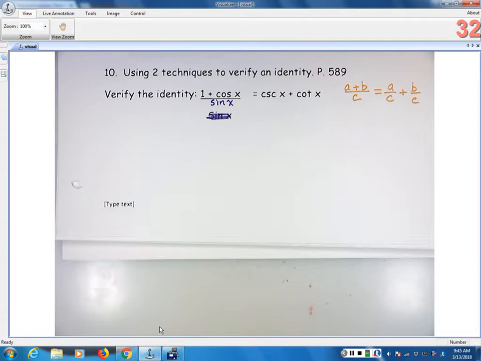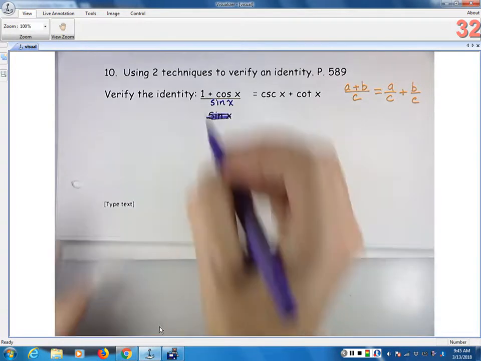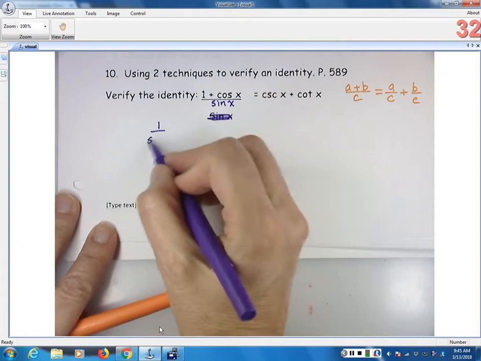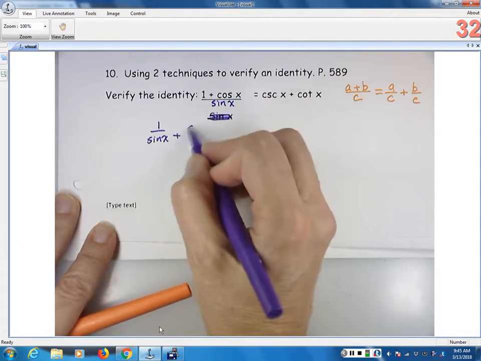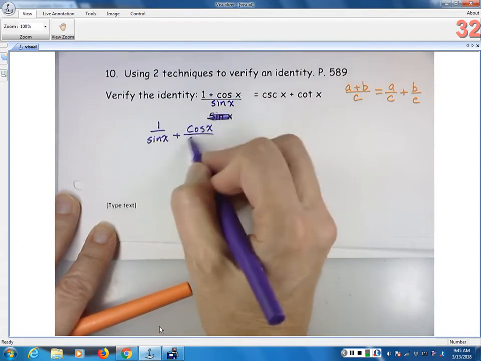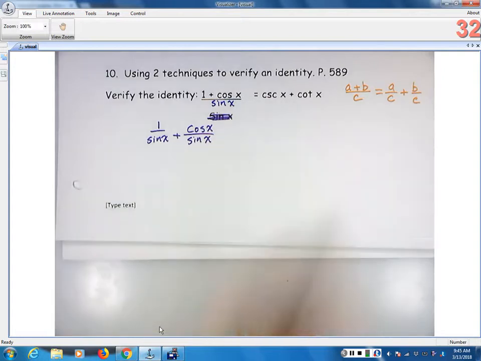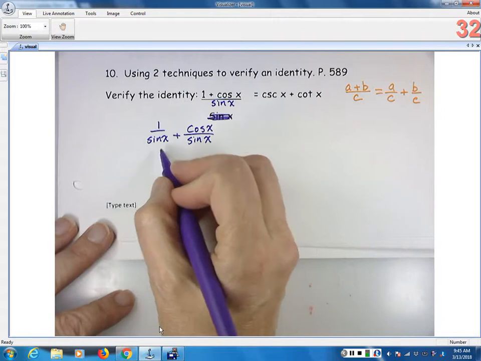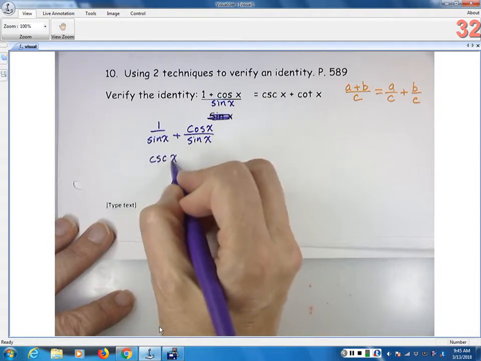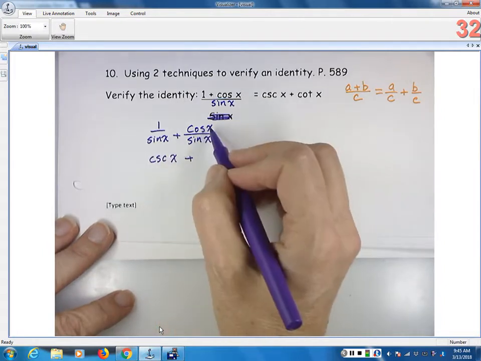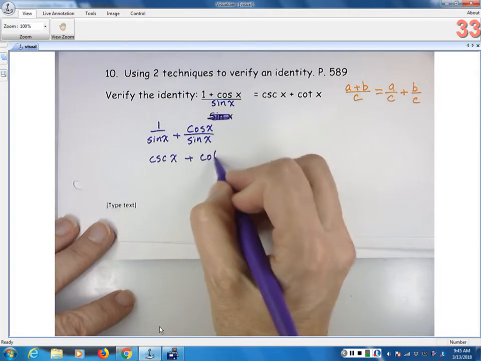The filled-in notes didn't have as much room. So we're going to separate this as 1 over sine x plus cosine x over sine x. It's kind of using two identities here. Now I'm using the fact that 1 over sine of x equals cosecant x, and cosine x over sine x is cotangent x.